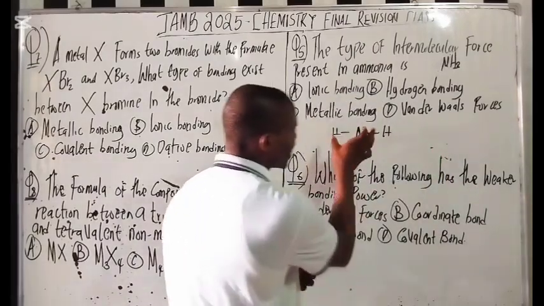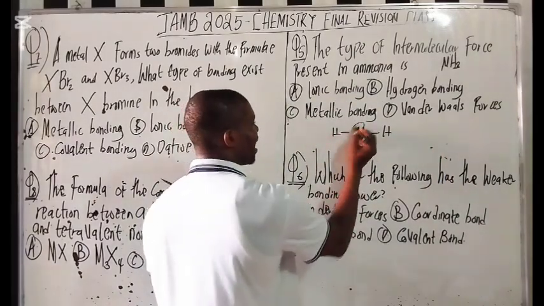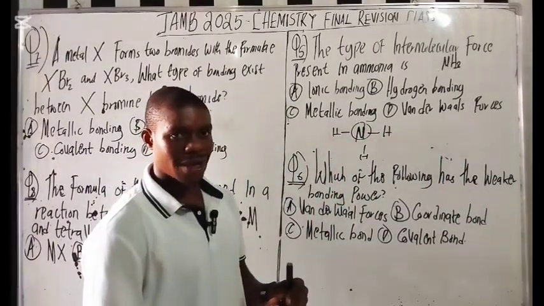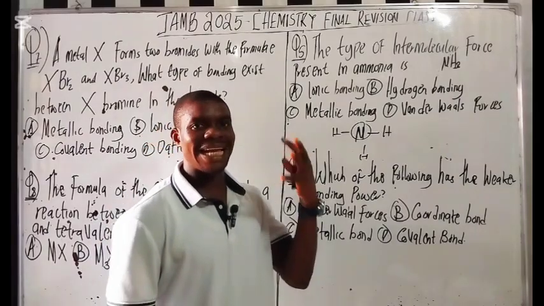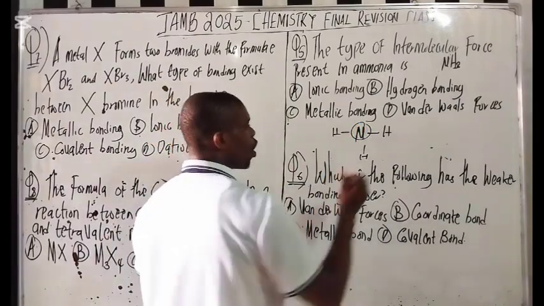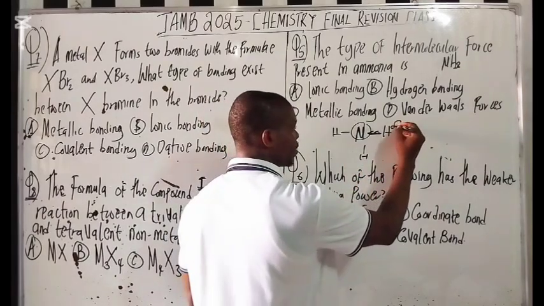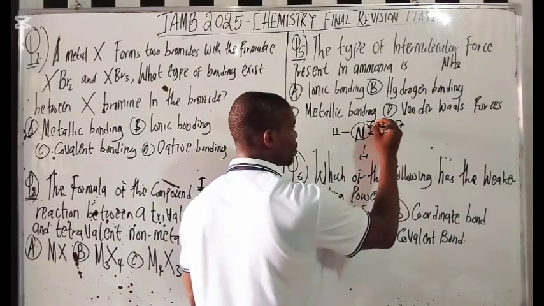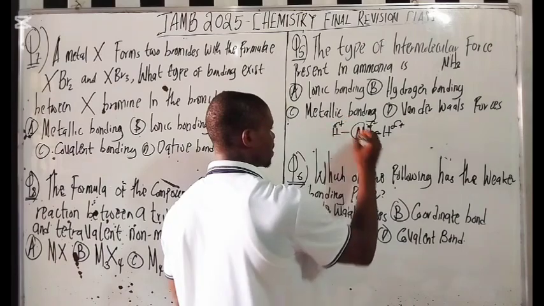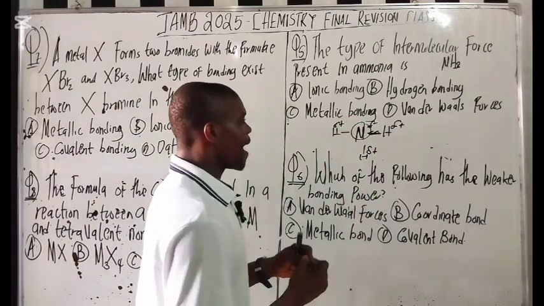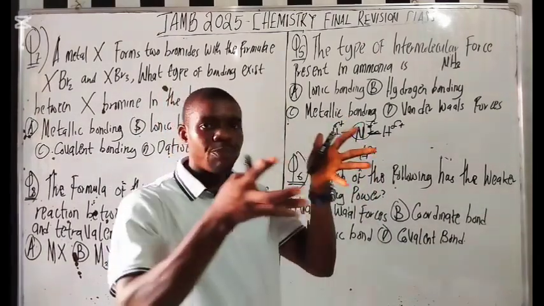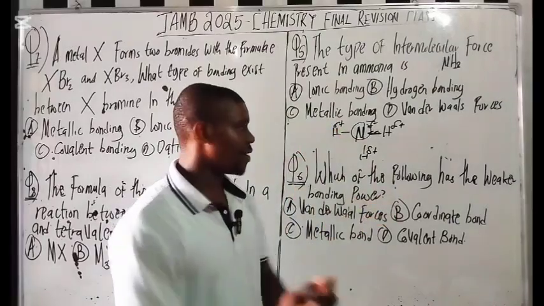Now, if you look at ammonia itself, nitrogen is high in electronegative power, right? Because nitrogen is higher in electronegative power, it will pull the bonding electrons away from hydrogen to form partially negative on nitrogen and partially positive on hydrogen here, right? Now, this hydrogen can also bond with another molecule of ammonia like this.